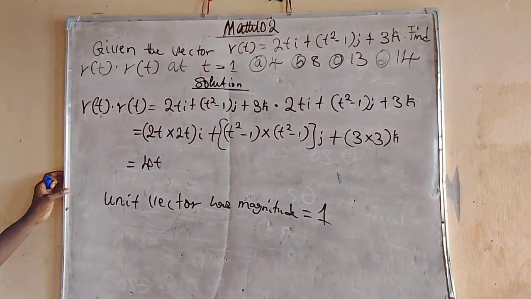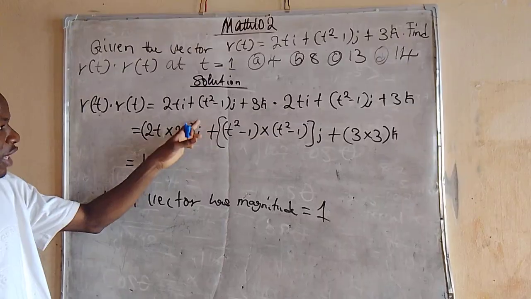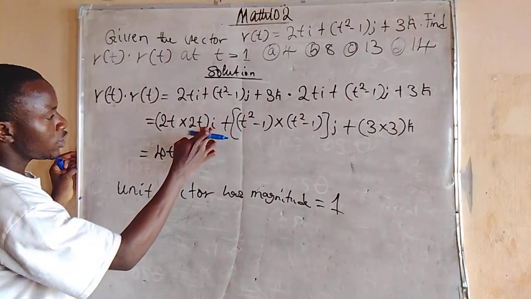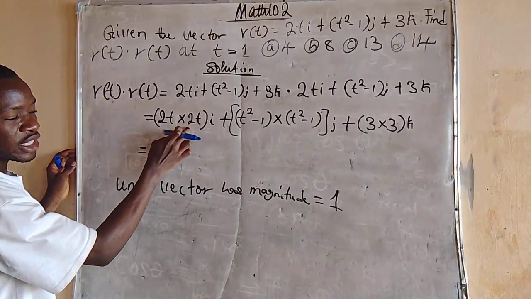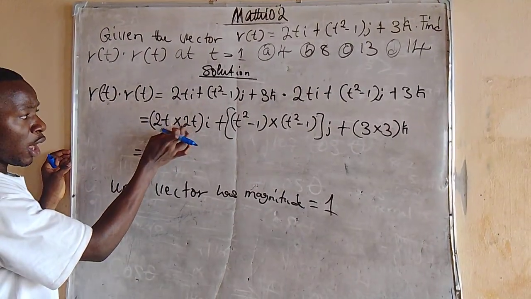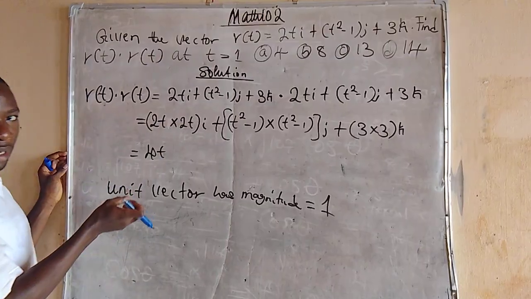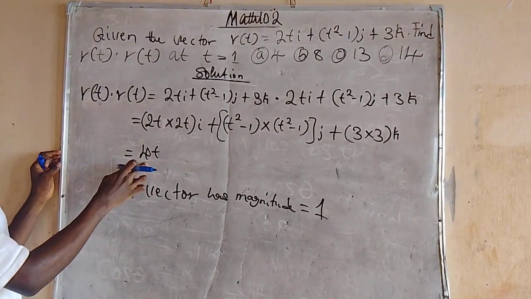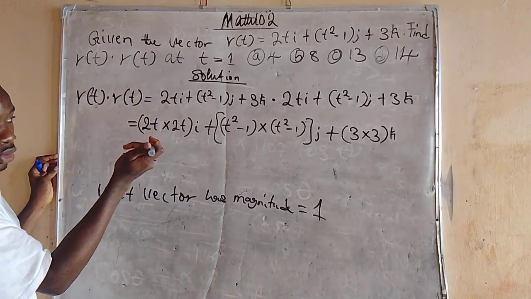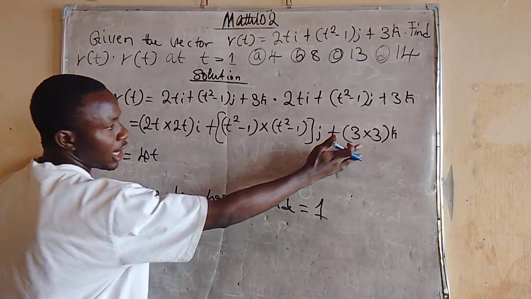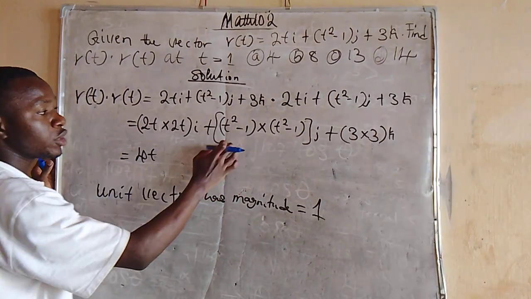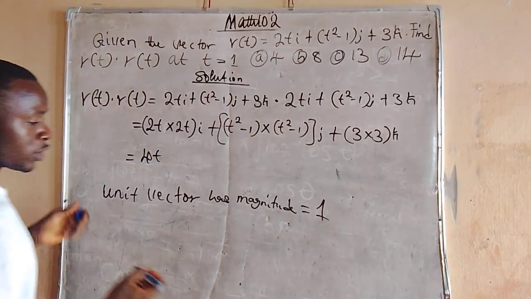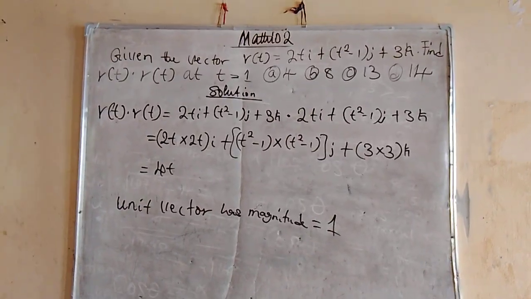The magnitude of a unit vector is always 1, so the magnitude of this vector i here is 1. If I use 1 to multiply whatever is inside this bracket, I am going to have it back. So 4t multiplied by 1 is 4t, and I am not concerned about this i again. Same thing with your j component and your k component as well. 3 multiplied by 1, you are still going to have whatever is inside that bracket.